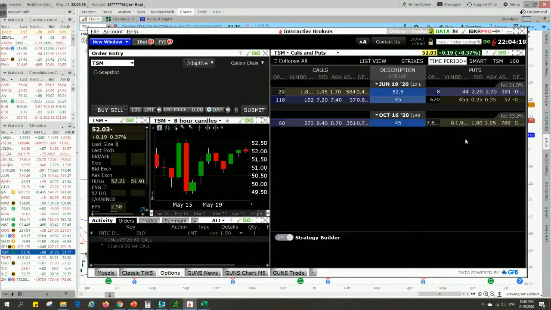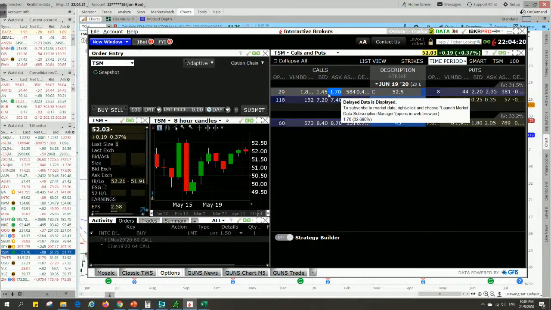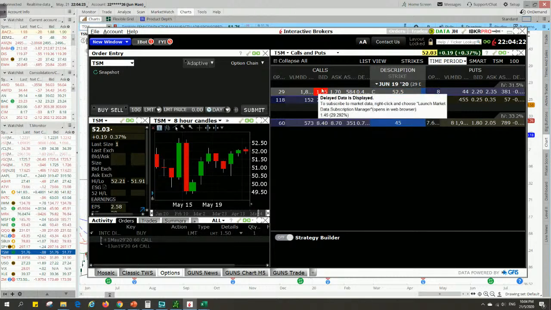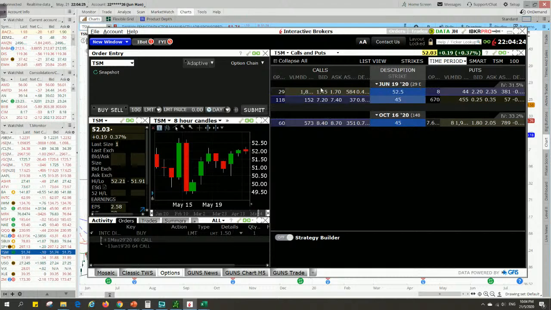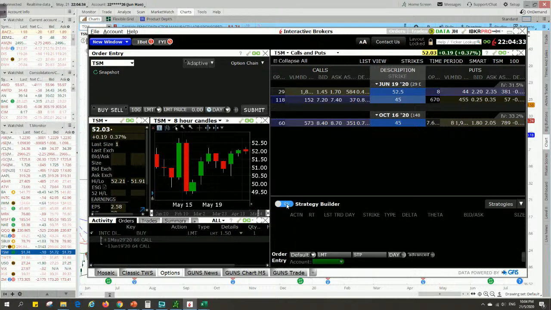Okay, there we go. So I want to sell, so I'll hover my mouse under the bid and click on it. But before that, I want to enable the strategy builder. All right, you want to turn on the strategy builder if you want to build complicated option trades in Interactive Brokers.